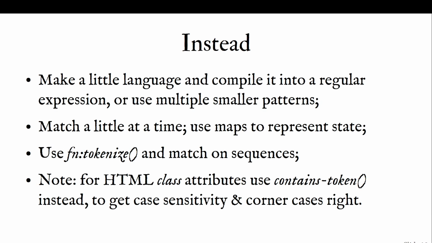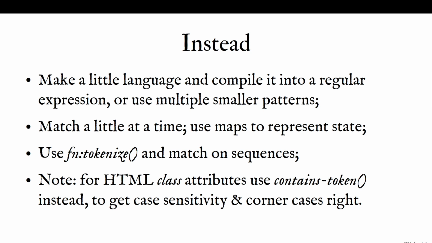So slide 10, what can we do instead of that? One thing we can do is make a little language of our own and compile it into a regular expression. It's not the original grammar, it's our own little grammar. Or we can use multiple smaller patterns, matching one at a time. And we can perhaps do that in a function and use a map to represent what we've done.